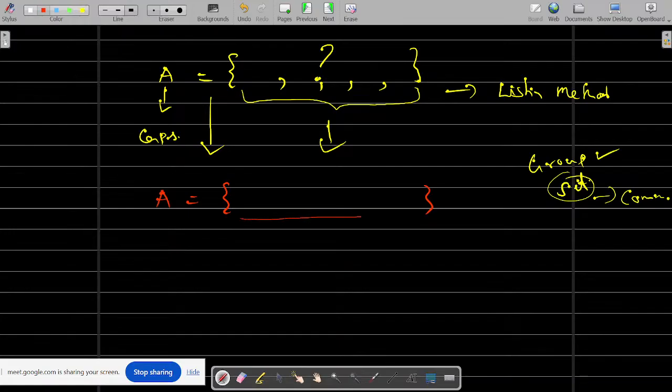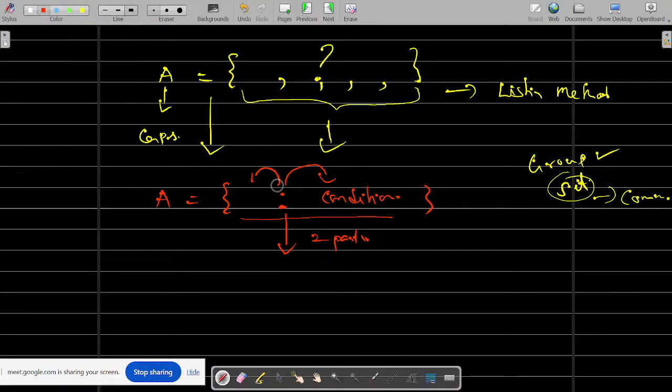We take this as two parts, and we separate by a colon. This colon, in English, has a different meaning. Here in mathematics, when I present this colon, after this there is a condition present. So I'm going to have the condition over here.